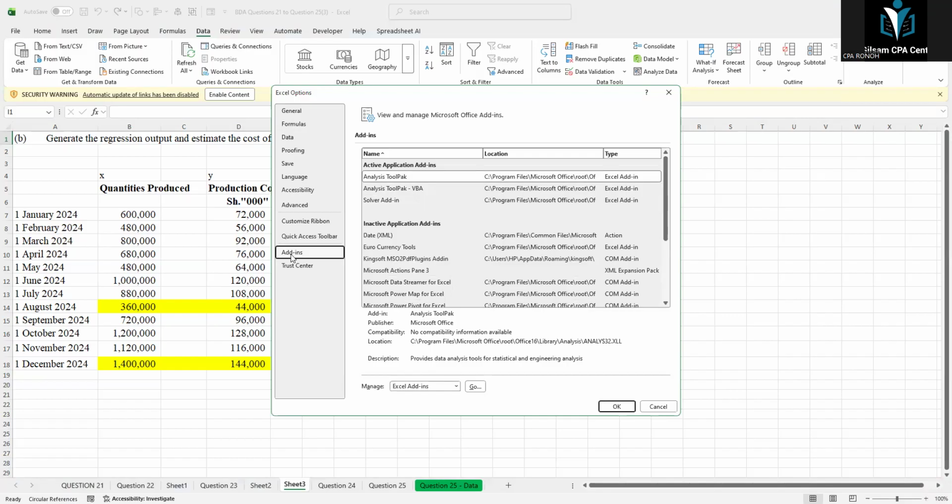Click Add-ins. What are you seeing with Analysis ToolPak and Solver Add-in? The first one, Analysis ToolPak, is active. The first, or the second one? There is no Solver. No, there is. So all these three are active. Inactive. Inactive, so activate.